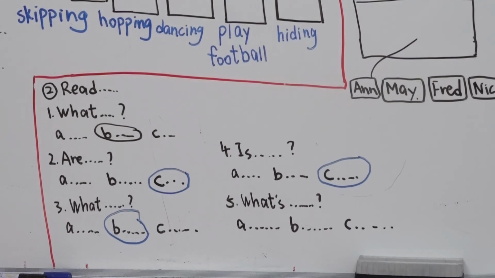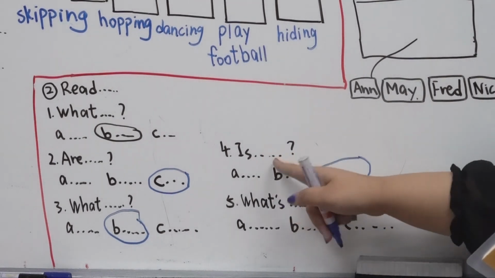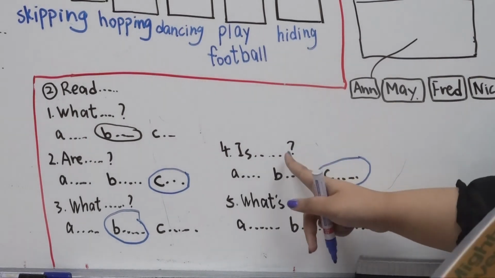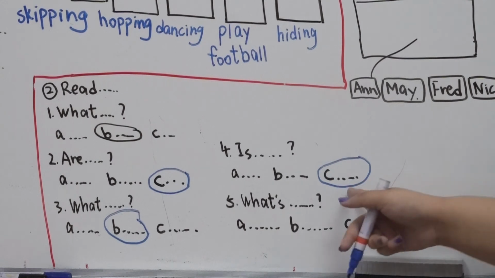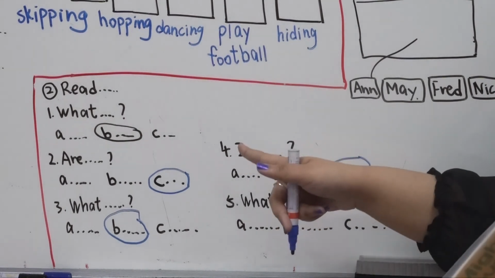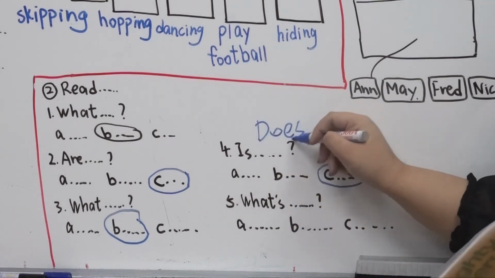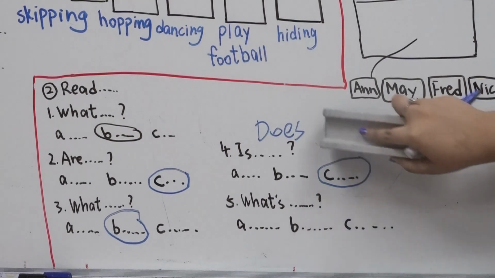You have to answer the question depending on the question asked, okay? Is he hiding? No, he isn't. This question does not include the word does. So you can't answer that with does. Okay, the only suitable answer is C.